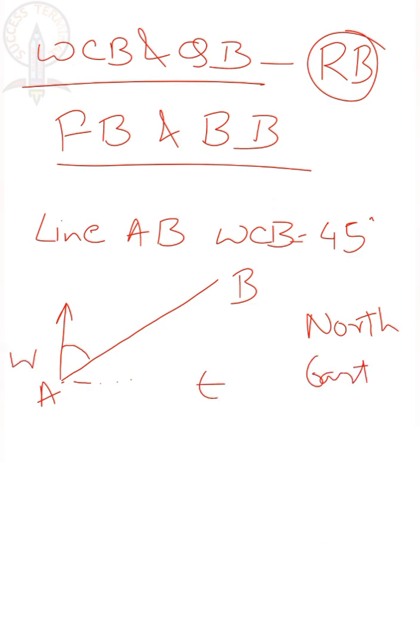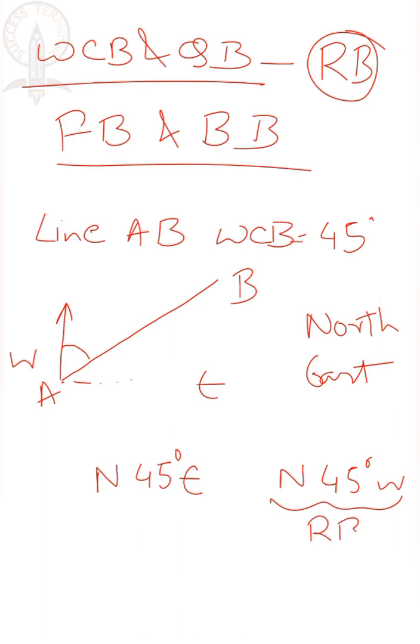Therefore you will write north 45 degree east. What will happen if you write north 45 degree west? North 45 degree west, it is a quadrantal bearing or reduced bearing.